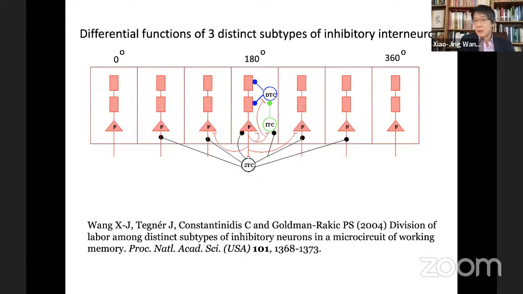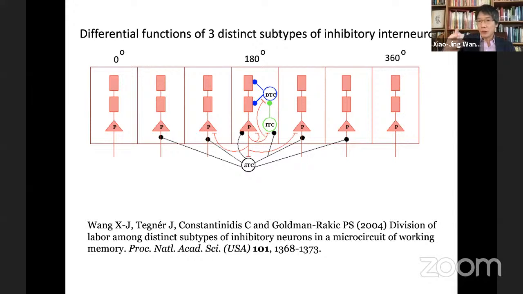So based on some anatomical evidence, we developed a local circuit model for working memory that incorporates three kinds of interneurons. In addition to the PV expressing interneurons that control the spiking output of pyramidal cells, you have a second type of interneurons that may express somatostatin or calbindin that target dendrites, with a third type of interneurons that may be labeled by VIP or calretinin, in green, preferentially targeting the dendrite targeting interneurons in blue.